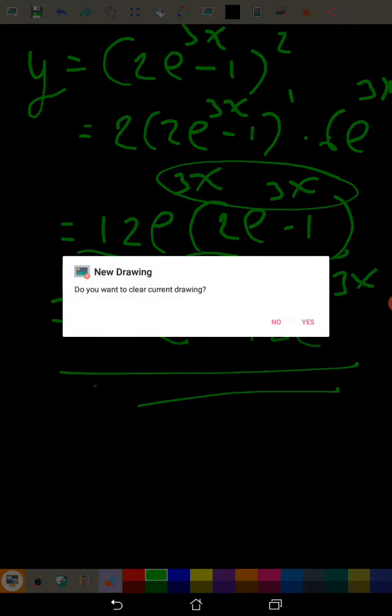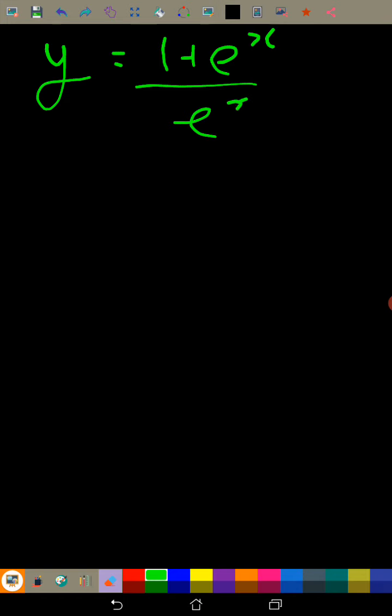Let's do some more complicated ones again. We have y is equal to (1 plus e^x) divided by e^x. So this looks like a quotient rule to me. And what is e^x times e^x? We just saw this.